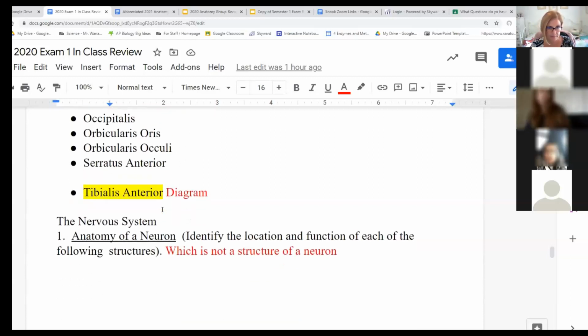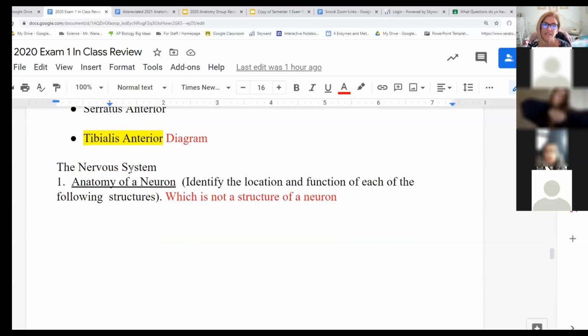Diagram is labeling. You won't have to label a neuron. I had you label the neuron so that you could recognize which one from a group of words is not a structure of the neuron. You'll be given a group of words like axon, neuron, dendrite, synapse. Which one of these is not a structural component? If you wouldn't label it on the diagram, it's not a structural component.